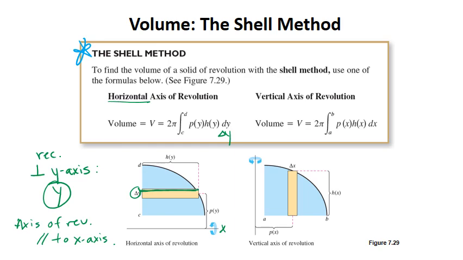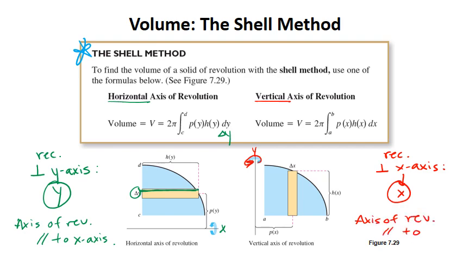On the other hand, a vertical axis of revolution means we are going to be revolving about something like the y-axis. So our rectangle is perpendicular to the x-axis. If our rectangle is perpendicular to the x-axis, everything is going to be in terms of x. Another way to think of this is our axis of revolution is parallel to the y-axis.